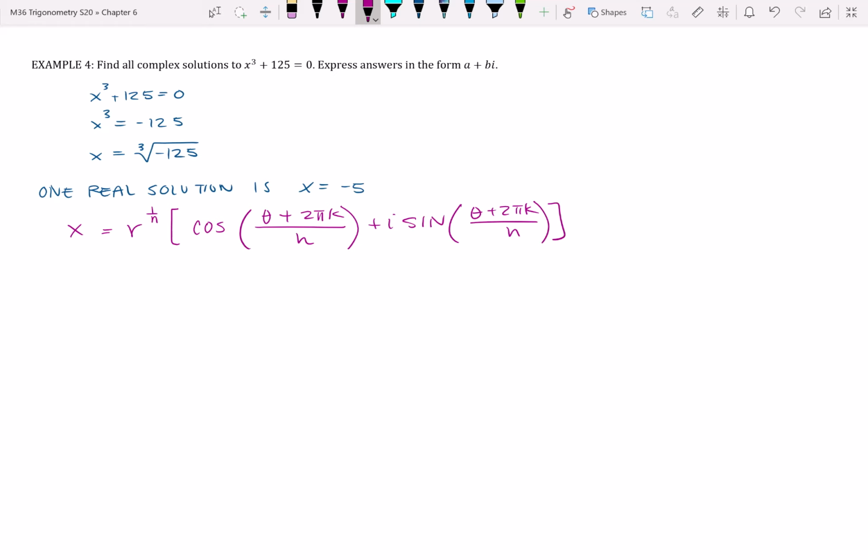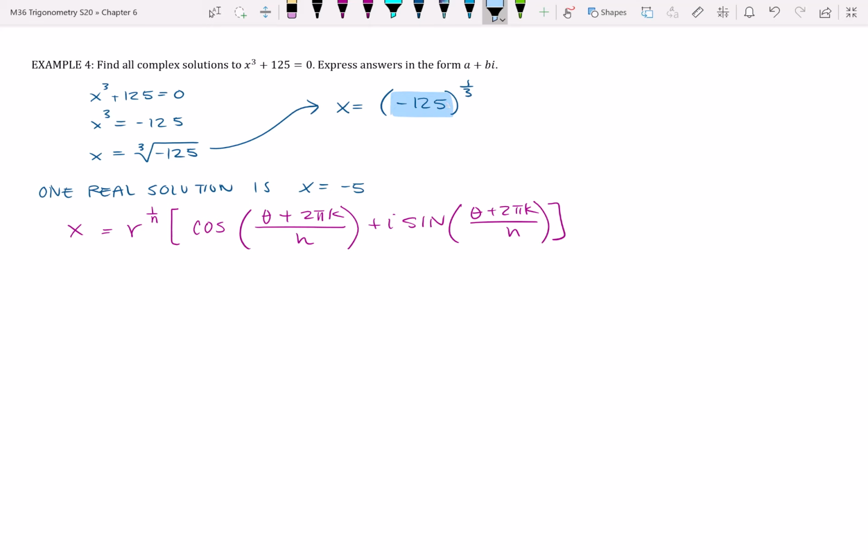And again, I'm going to show you that x equals negative 5 is going to end up being one of these solutions. Okay. And so let's figure out the complex number we're working with. It doesn't really look like a regular complex number. For example, x is equal to negative 125 to the 1/3 power. This is the complex number that we're talking about.